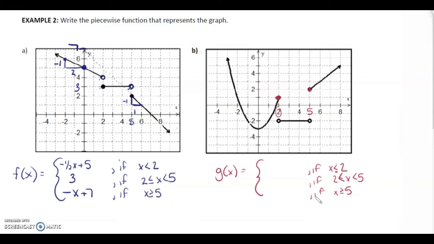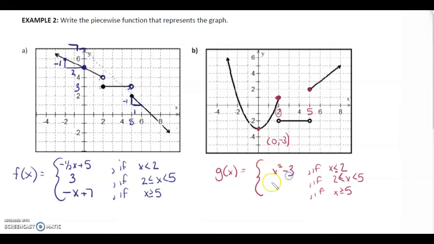Okay, so let's go ahead and take a look at this first chunk. This is a parabola, so we know it's going to be an x squared. Okay, and we know it's going to be x squared because the vertex here is 0, -3. So if there was a shift left or right, we would have to put it inside the bracket with the x, but there's not, so it's just going to be x squared, and it's going to have a movement of down 3.